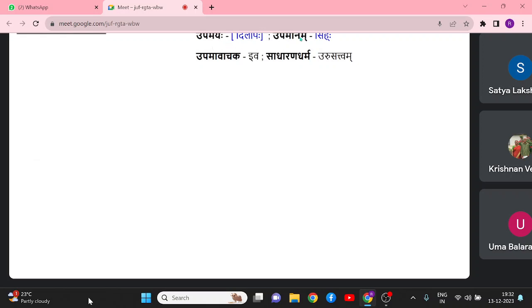See here we have Simhorusatvam, Simhaha iva Urusatvam, Kasya Dilipasya. Though it is not mentioned, the Upameya is Dilipa, Upamanam is Simha, Upamavachaka is Iva, Sadharana Dharma is Urusatvam. But this is in the Samasta Pada, when you break it, you will get this.